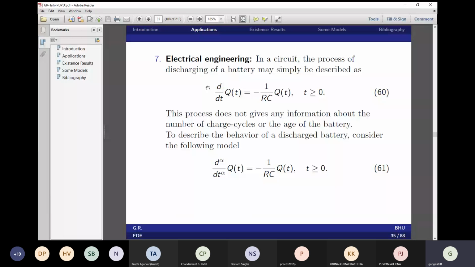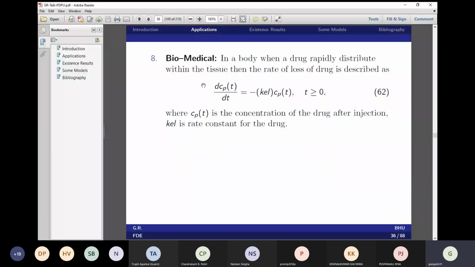Biomedical science. We can use the fractional calculus in biomedical science. In the body, when a drug is rapidly distributed within the tissue, then the rate of loss of the drug is described by this integer order model.